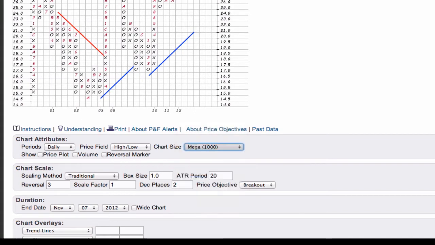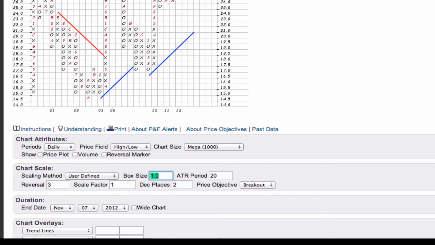Click on that. In the next large box titled Chart Scale, click on the drop-down box for Scaling Method and select User Defined. Right next to the Scaling Method drop-down box, you'll see where you can change the box size. The default is set at 1.